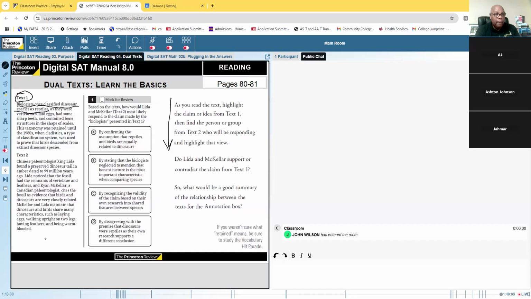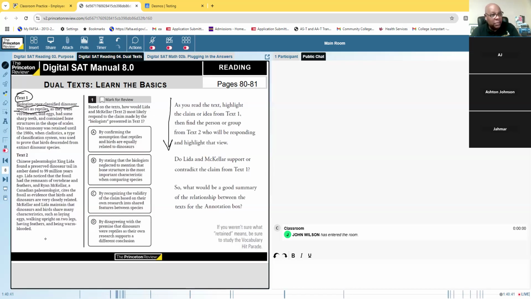Ashton? Look at the text, it's at the bottom. It says McKellar and Lida maintain that dinosaurs and birds share many characteristics. Stop. That's their claim, and it says later that they're closely related.